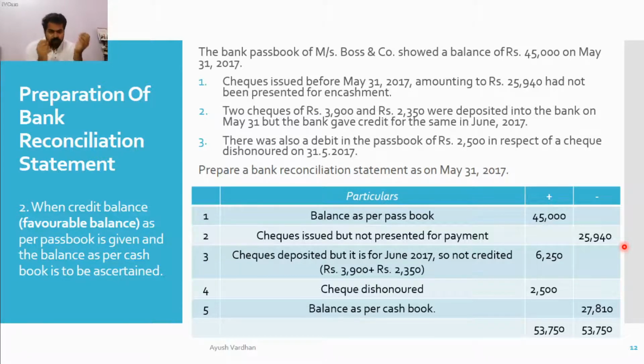But we will see that there is a negative entry for that, because the check is dishonored, but we have made an entry of 2,500 rupees in the cash book that this has been debited in the bank.